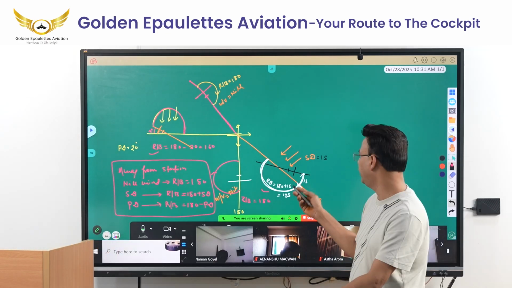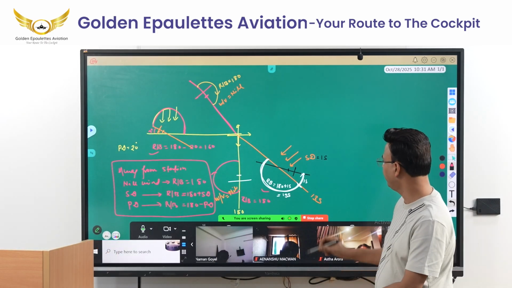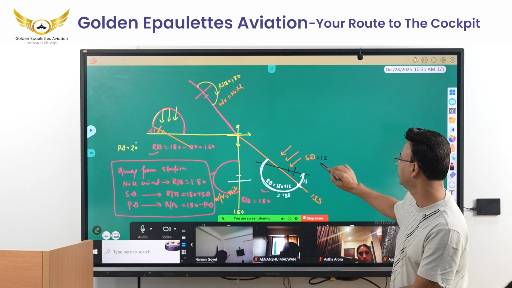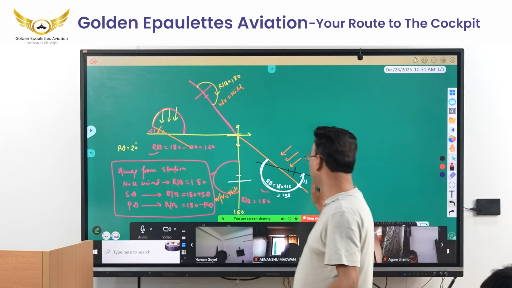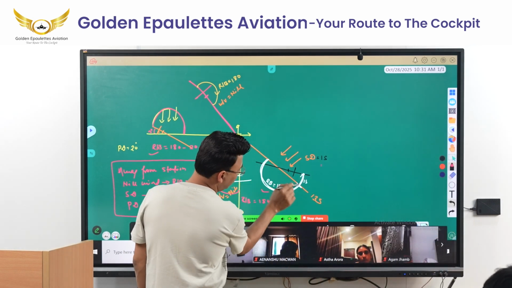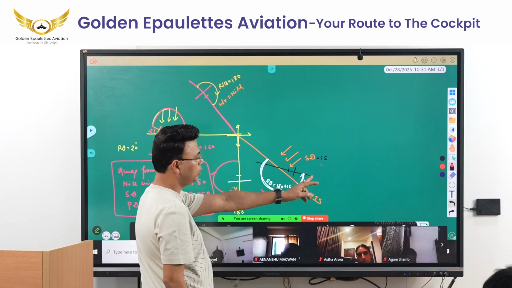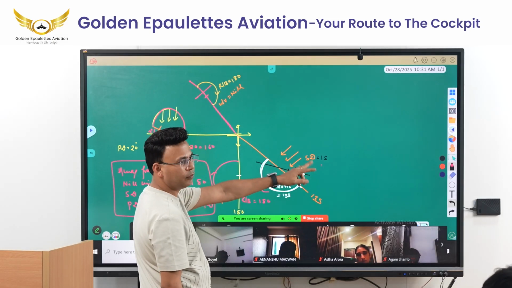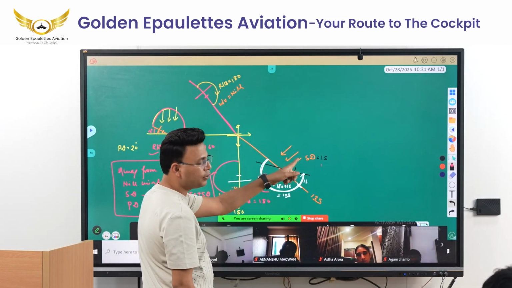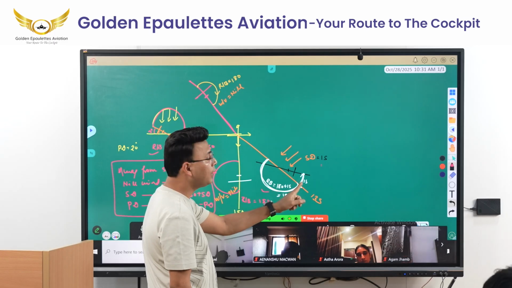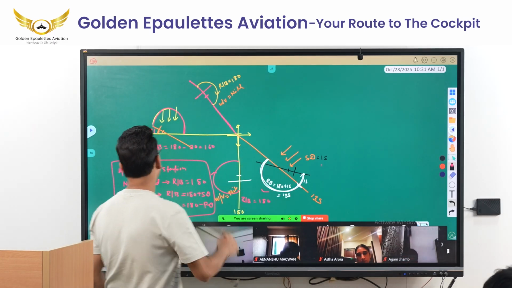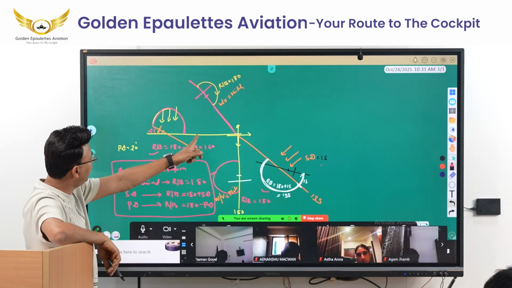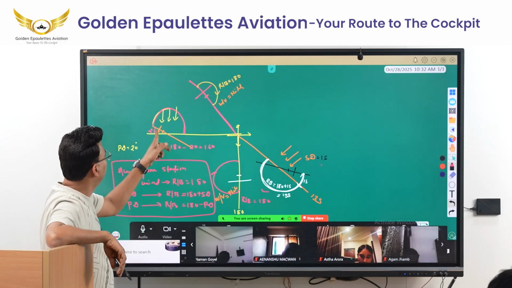Now here, look, let's look at the heading and track relation. Here what drift you have? Starboard drift. Your track was 135, heading was, this heading is less than 135. So if you have a starboard drift, your track will be more than heading. Look at here, your track planned was 270.